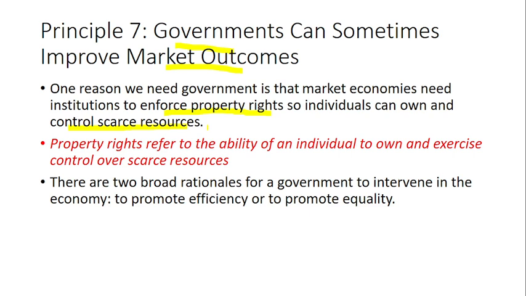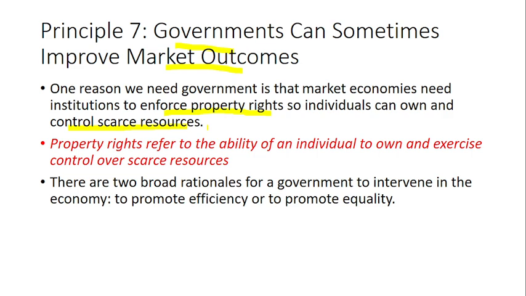Unless there is property right, nobody will come and invest. Unless there is property right, nobody will produce, nobody will cultivate, nobody will own resources, nobody will purchase land, nobody will own capital. So property right is very, very needed. And who will ensure that property right? It is the government. Without government, there is nobody to take care of the rights of the people.